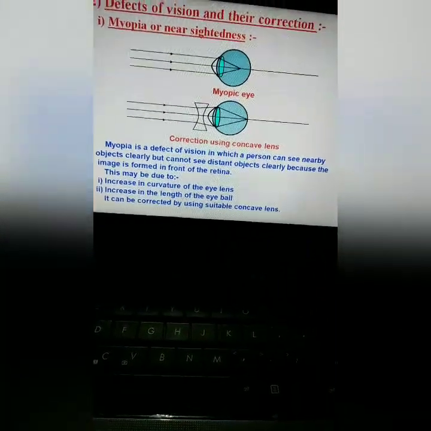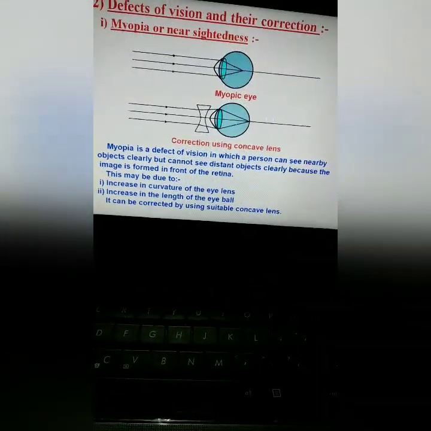In this defect, the far point of the person is disturbed. Means the far point of the person is reduced. It comes to a limited range, not infinity.